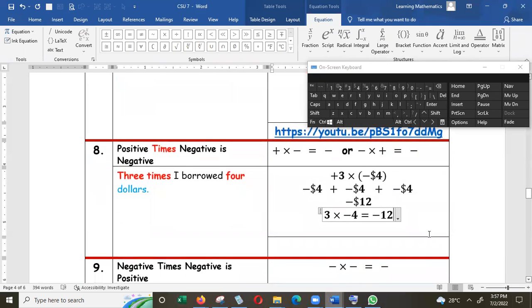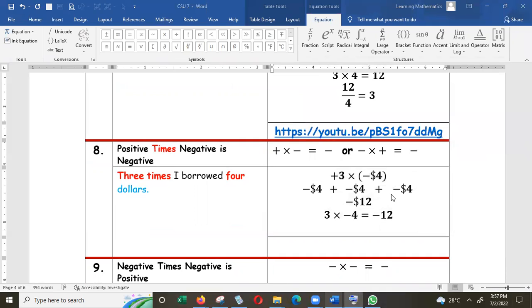Now, as we are here now, we can actually demonstrate that a negative divided by a negative is a positive. So if we want the 3 back, we can do a simple little algebra.